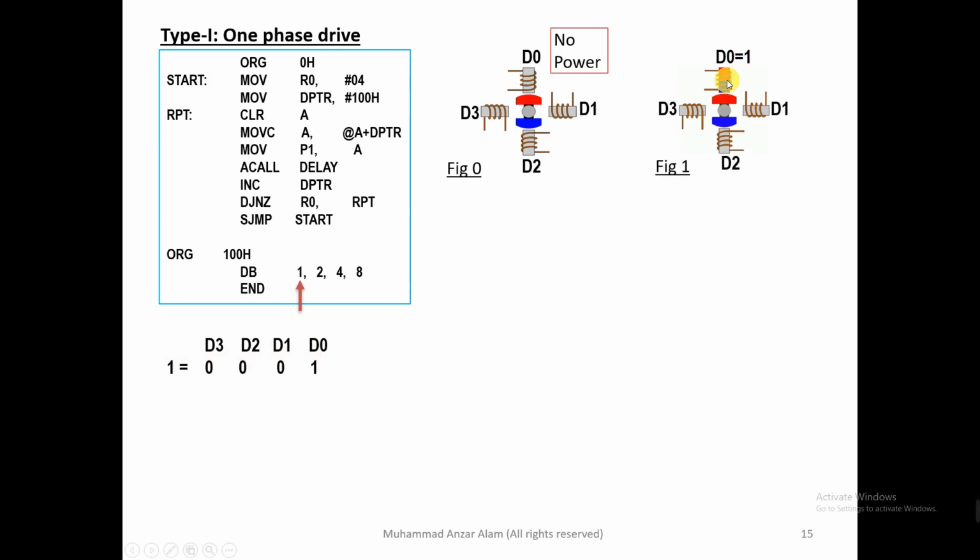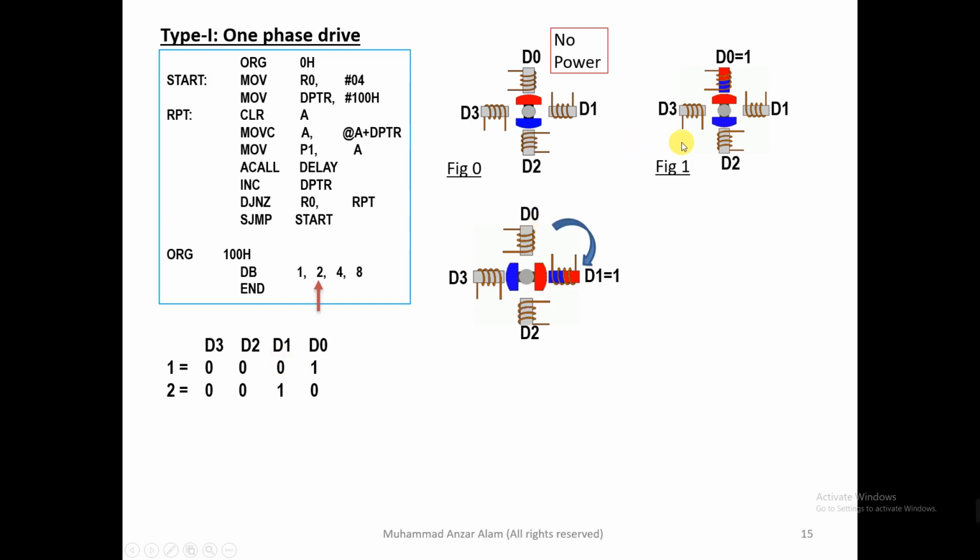Now the next is 2, which will be loaded by the microcontroller. It means decimal 2 is loaded, so D1 will energize, and we can see in the figure that this time, previously D0 was energized, now D1 is energized. And the direction of the motor will be clockwise.